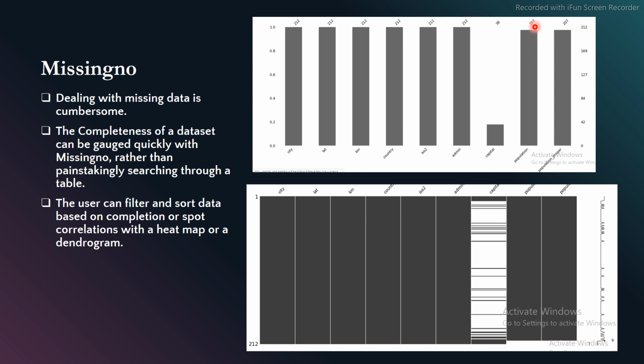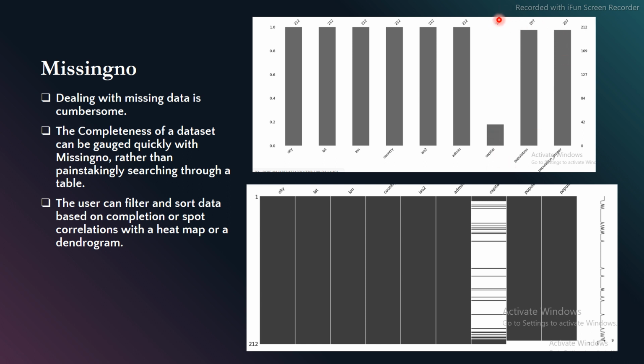So through the visuals you can see which feature has the missing data. Let's say city, lat, long, country, ISO 2, admin, capital has missing data, and this population and population proper. So these three features have missing data. So you now have information that these three features are missing data.